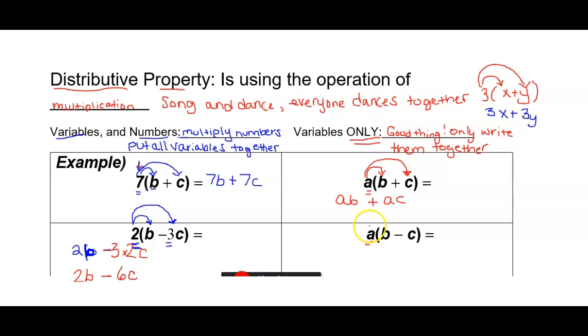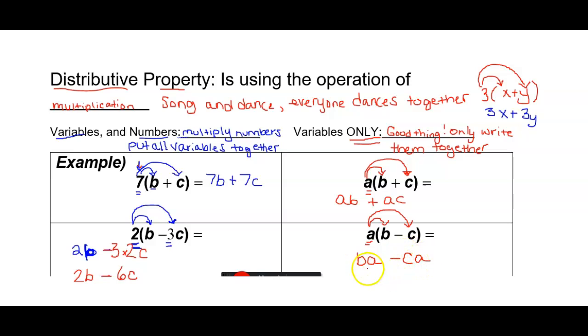All right. Now let's look at the next one. I am going to distribute by multiplying the A, letting it dance with everything inside of the B minus C. Okay. So I end up with BA, or B times A, minus CA.